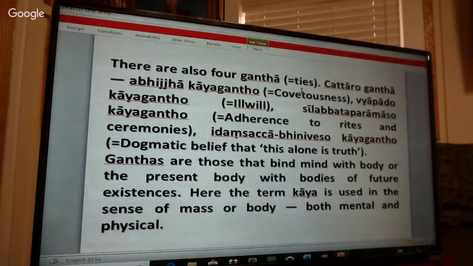We say like this; I will explain it in detail later. So Silabbata Paramaso Kaya Ganto is a kind of attachment to a practice, some practice not beneficial to attain Nibbāna.